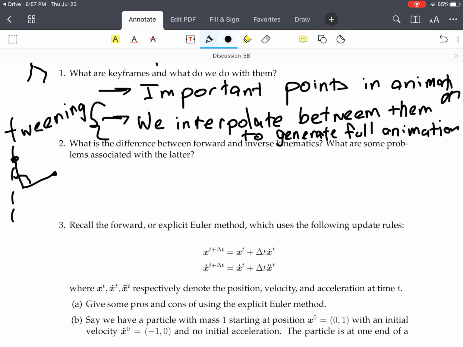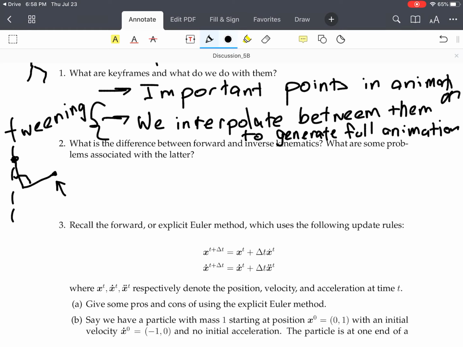We give only the position. We say we want the wrist to end up at this XY position, and the computer computes the joint angles, the angle for the elbow and the angle for the shoulder, that put the arm in the final position we gave it. So with forward kinematics we provide the angles and the computer determines the final position, and with inverse kinematics we provide the final position and the computer computes the angles needed to get there.